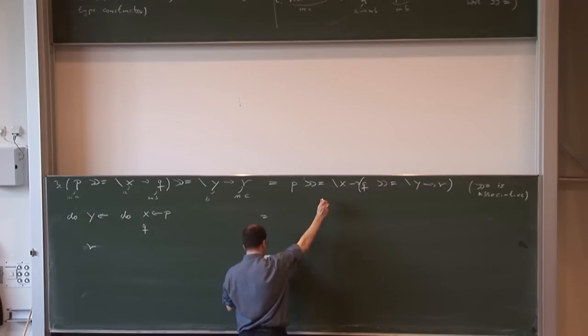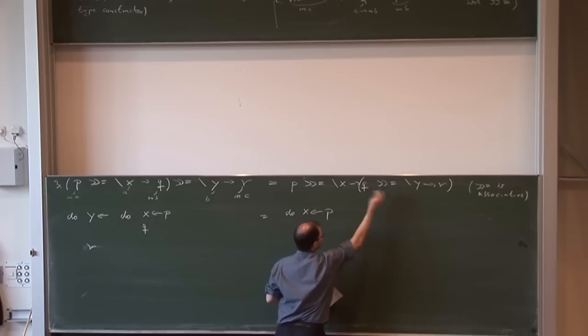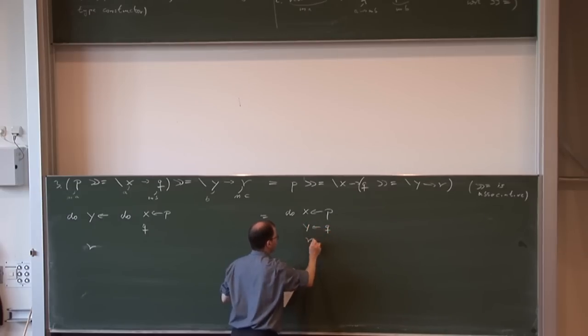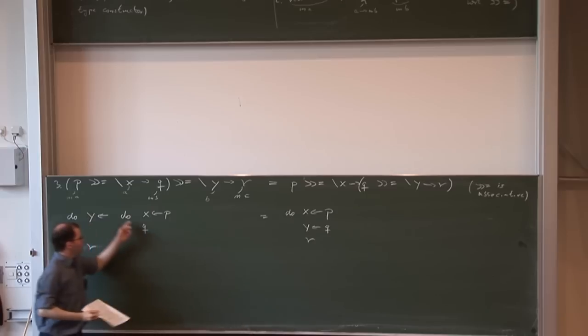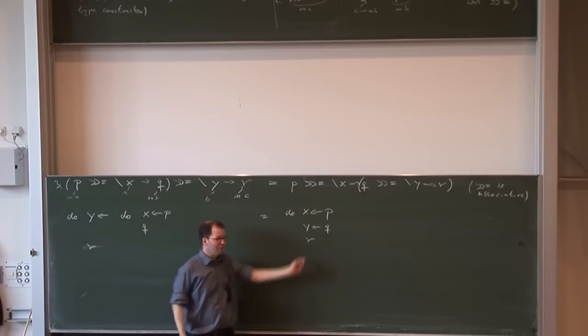So here we first bind x to the value of p, and then we execute the rest. Afterwards, we bind y to the value of q, and then we do r. So instead of having to write such a nested form of do's, you can put this all on top level.